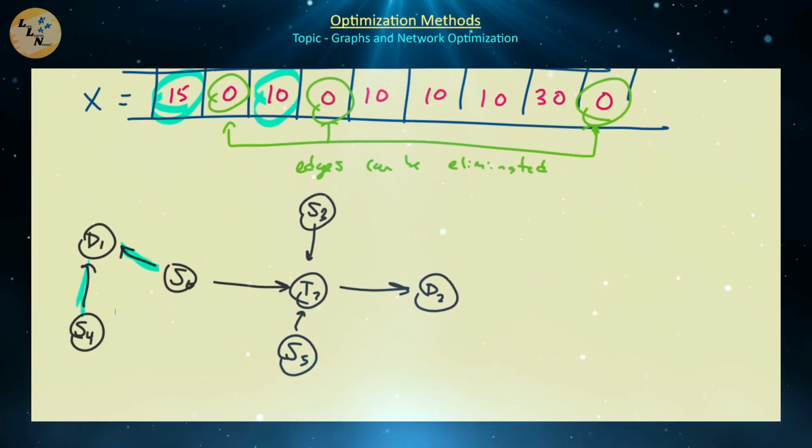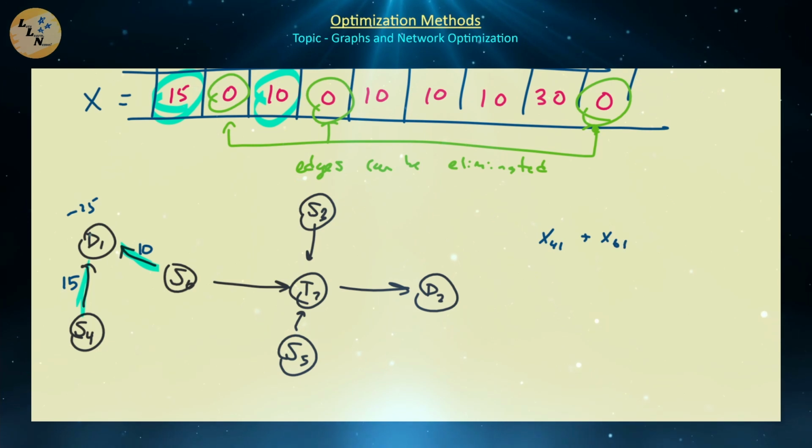So we need to deliver 15 along 4,1 and 10 along 6,1. And remember, we had a demand of minus 25. So notice that those are actually going to be met. In particular, x41 plus x61 is going to be equal to 25, which was equal to the demand that they had for node D1.